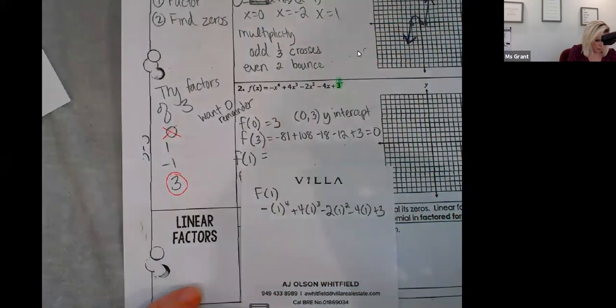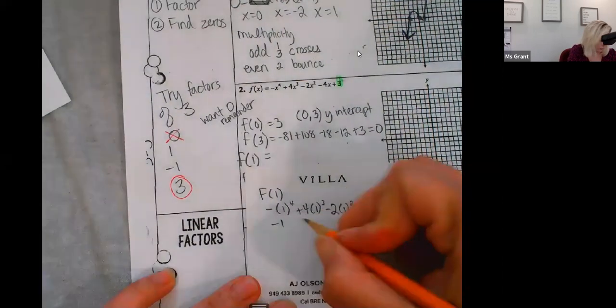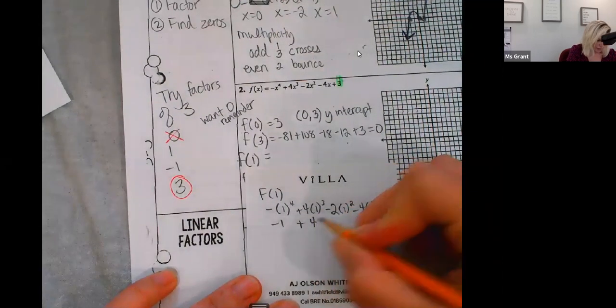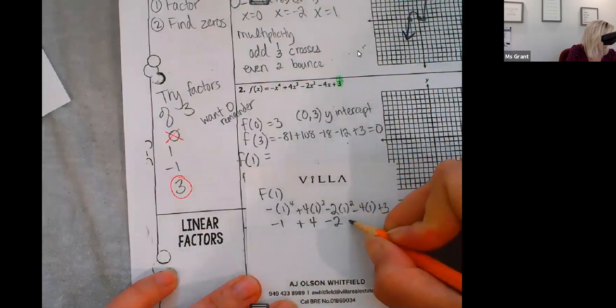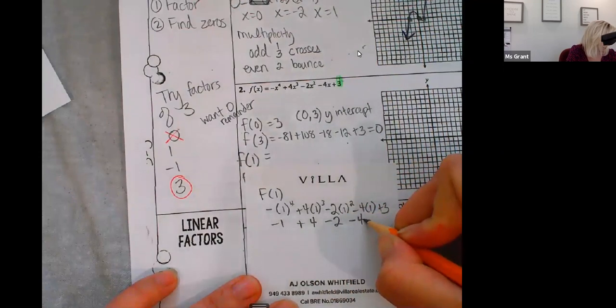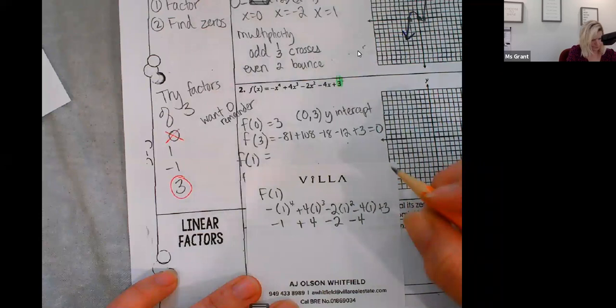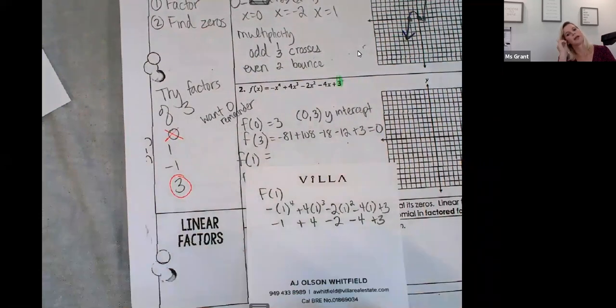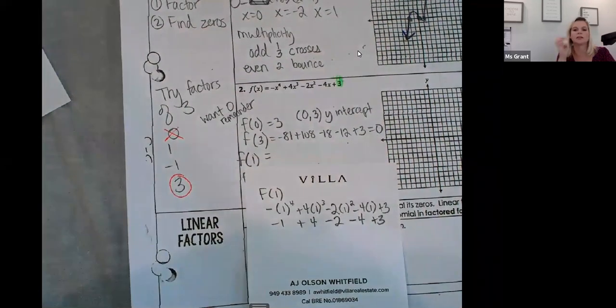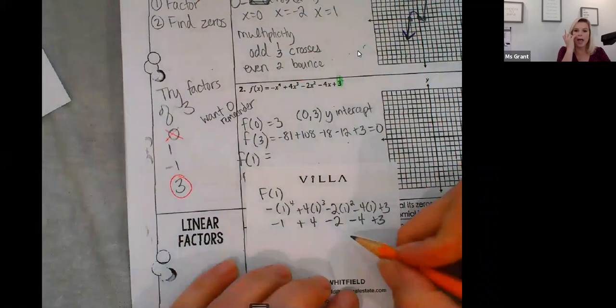Negative 1 plus 4 minus 2 minus 4 plus 3. Now negative 1 plus 4 is 3. 3 minus 2 is 1. 1 minus 4 is negative 3. Negative 3 plus 3, 0. Yay!